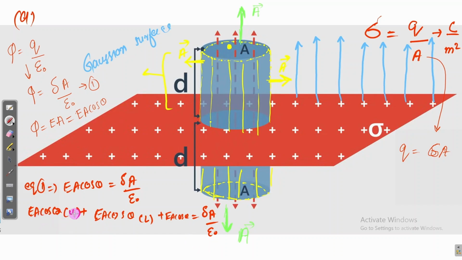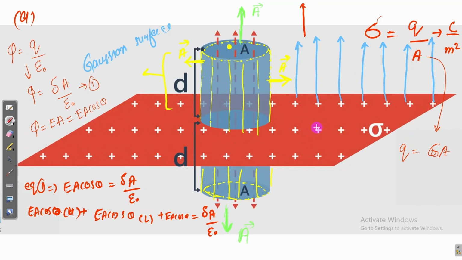In this case, theta is the angle between the electric field lines and the area vector. So at the upper area, the direction of the electric field lines is from the lower side to the upper.